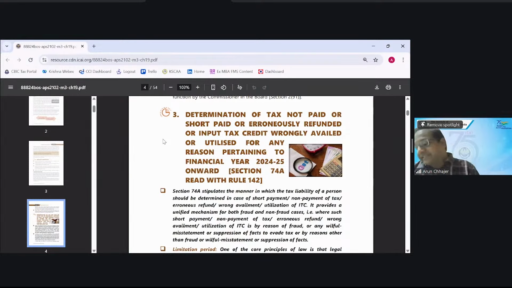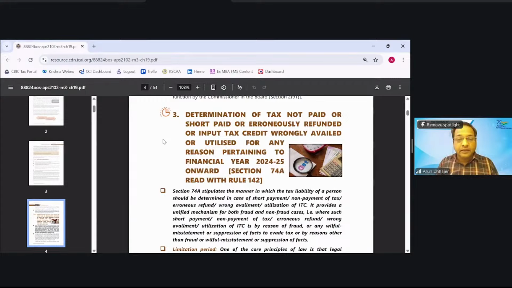In that case, what will happen? The intention will be looked into. If the intention is not malafide, not fraudulent, the demand would be raised under section 73. And if the intention is malafide, then demand would be raised under section 74. These were the two sections.